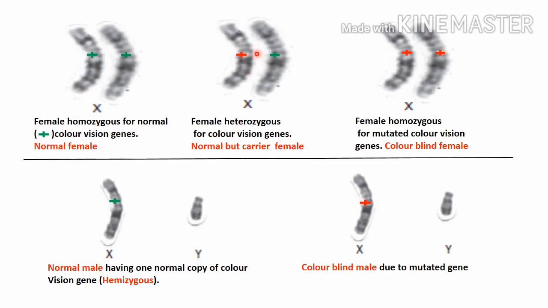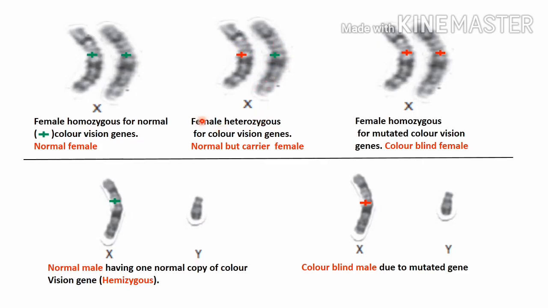And if one X chromosome has the mutated copy of the gene or allele and the other X chromosome has the normal functioning allele, then the normal allele will have a dominant effect on the mutated allele. It means the normal allele will express a normal phenotype.